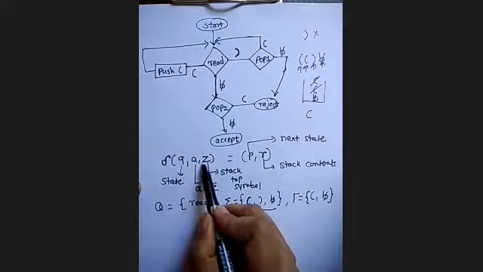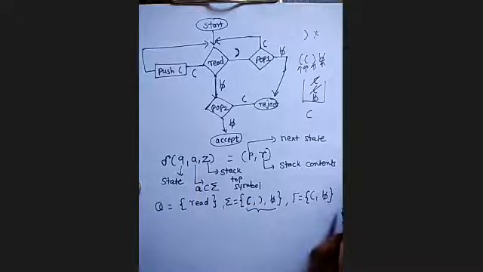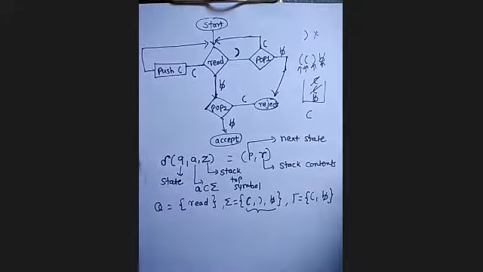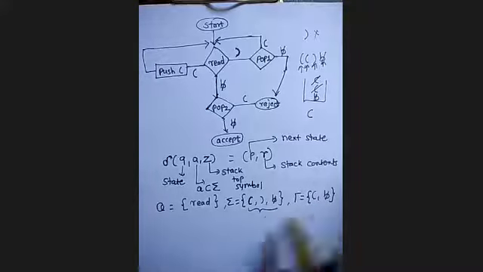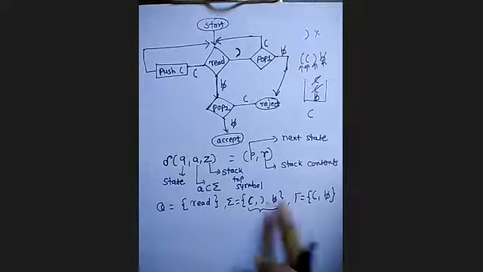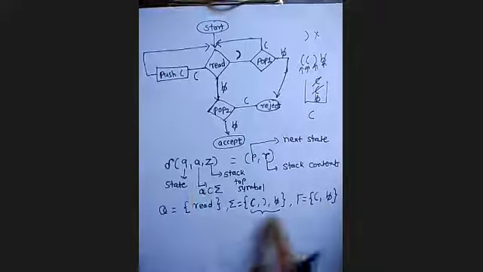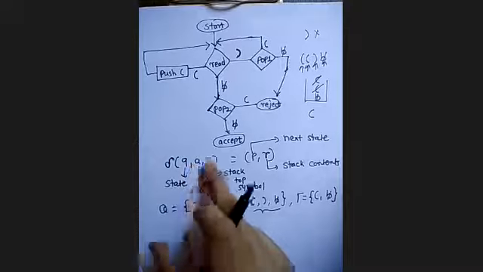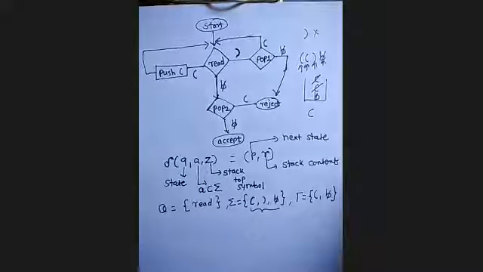Okay, how many symbols are there for Z on the stack? 2. Okay, so how many equations will come? This is how you can decide how many equations you have to write for each state. That depends on the input alphabet and the stack alphabet. So we have to consider its combination with read. So how many possibilities can there be? You have done permutations and combinations. What will we use here? Combination. This A can take 3 values, this Z can take 2 values. So how many possibilities are there?